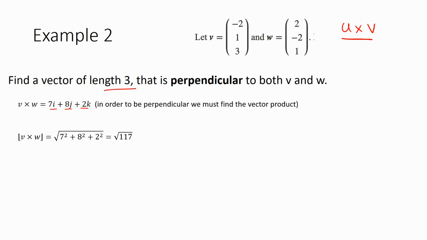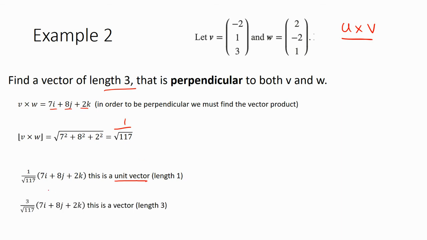So what do we do? We find the magnitude, using the 3-dimensional Pythagorean theorem. And then if I multiply 1 over the magnitude times my original vector, that gives us the unit vector of length 1. And if we want this to be length 3, all we have to do is multiply it all by 3.